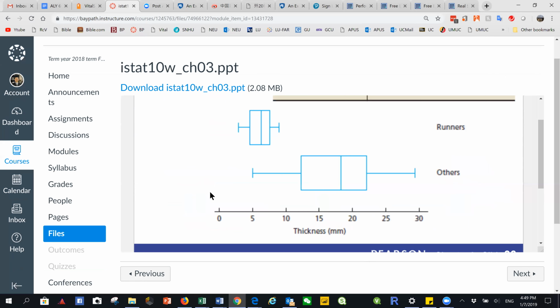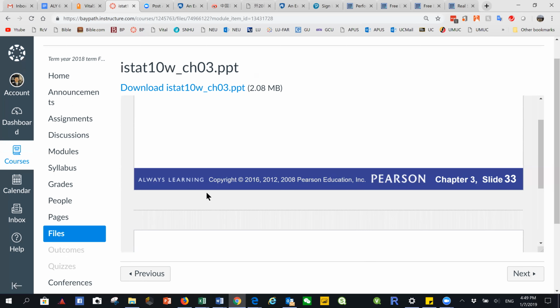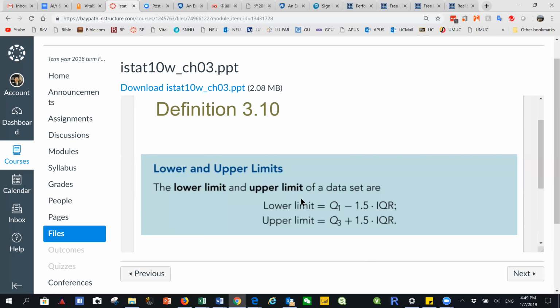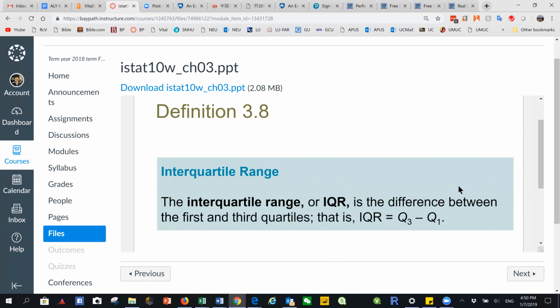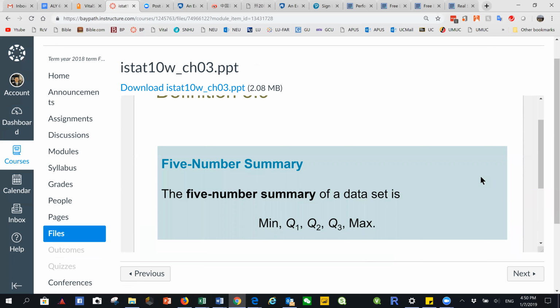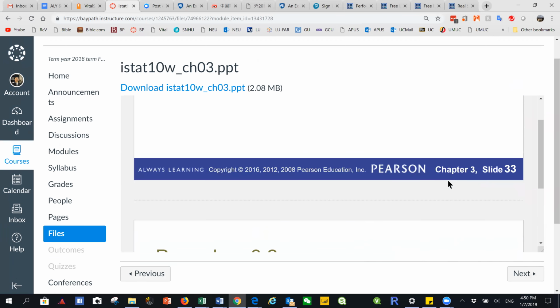What is IQR? You see the lower limit, Q1 minus 1.5 IQR. Upper limit is Q3 plus 1.5 IQR. IQR is Q3 minus Q1. Then based on IQR, you can build the fences.